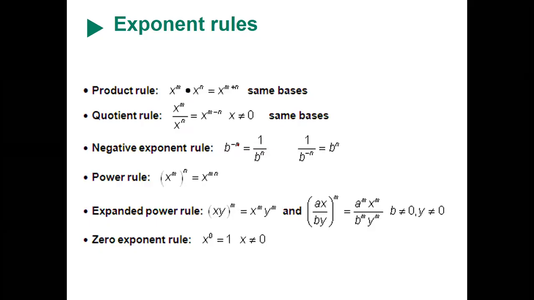If you have a negative exponent, that means the number is actually written as a fraction. And if you have a negative exponent in the denominator, it's vice versa, the number is actually a non-fraction. The power rule is if you're putting a power to a power, then you're multiplying the 2 powers.